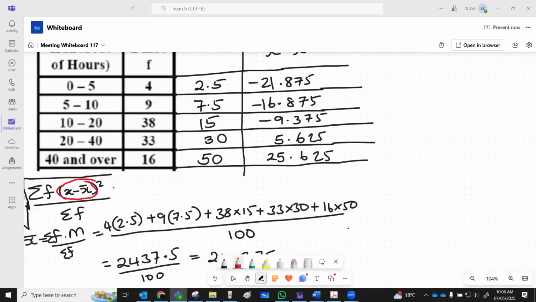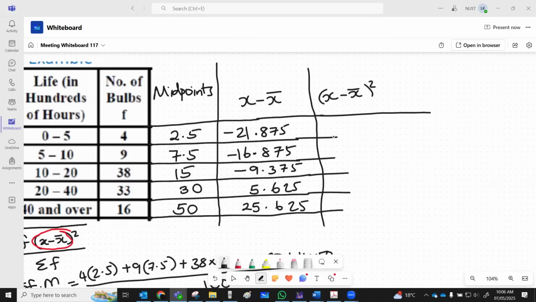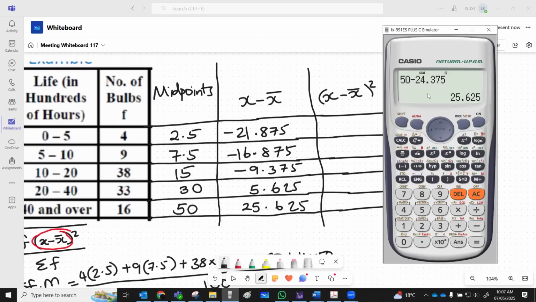Now the next thing is we need to square it. So we have x minus x bar, and we take each of these and we square them. So we have negative 21.875.